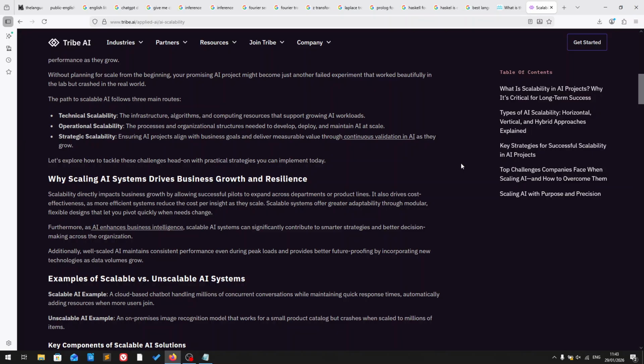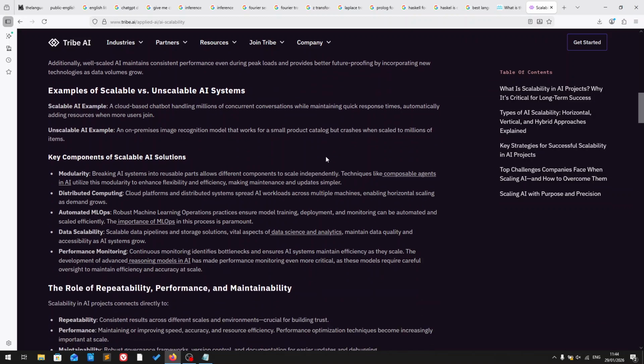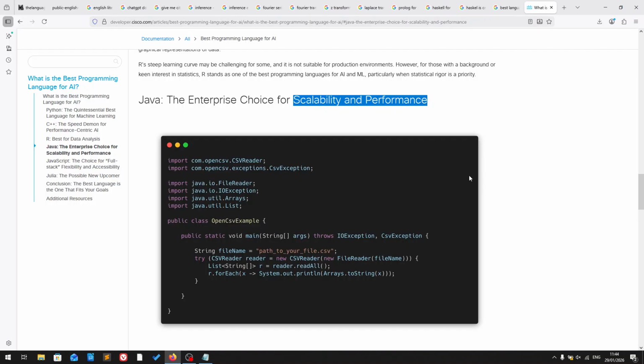So the idea is that if it works for 100 users, would it work for 10,000 users? Would it work for 100,000 users, and so on? So it's a lot that goes into all of these things, and again, that's why I keep talking about the math. Who accounts for the math?